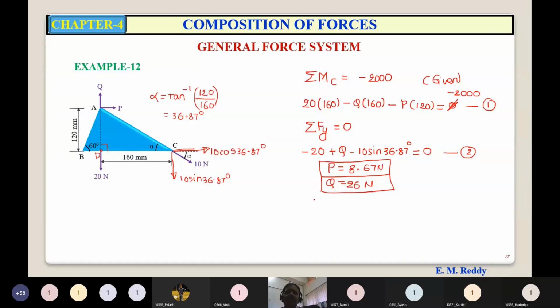Now to find the magnitude of the resultant, summation Fx is equal to R. That is equal to plus P plus 10 cos 36.87.